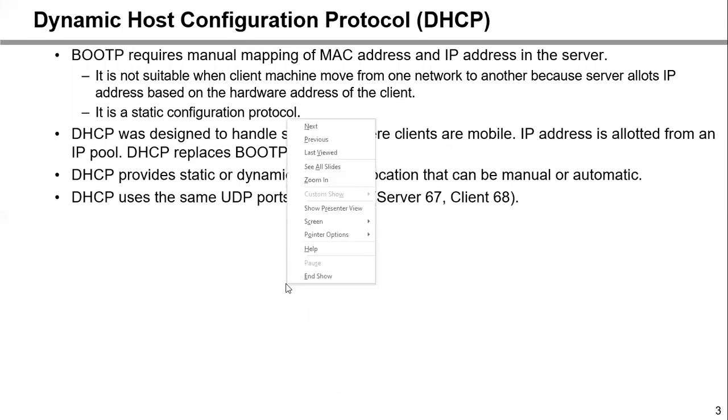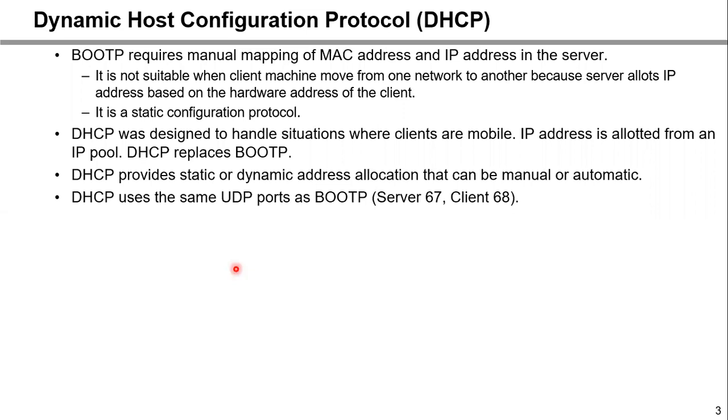I'll give you the situation here. For example, we have purchased, let's say, 100 machines for our startup. We are starting a new company. Let's say there is no operating system installed on these machines. So what you do is you connect those machines in a LAN and power them on.